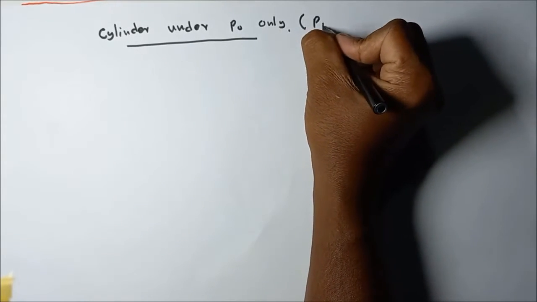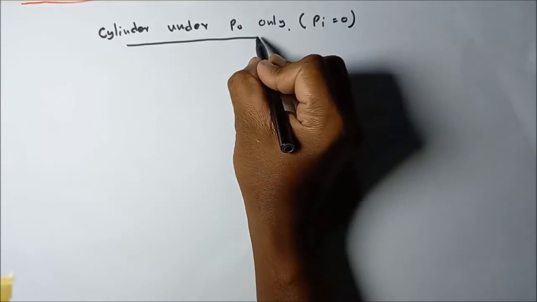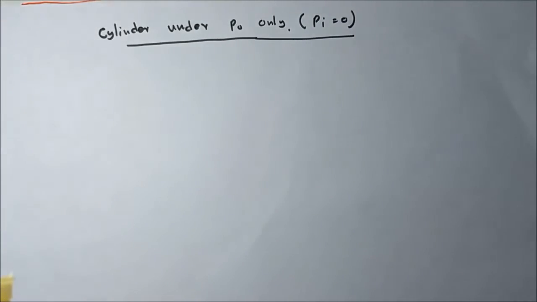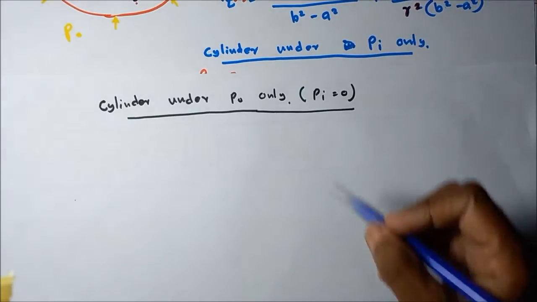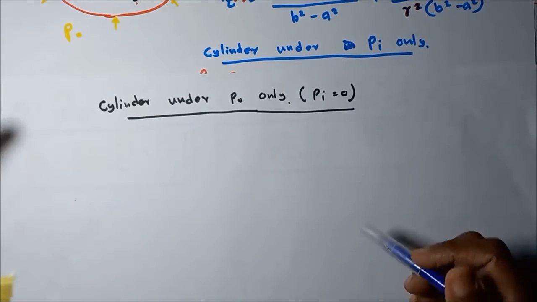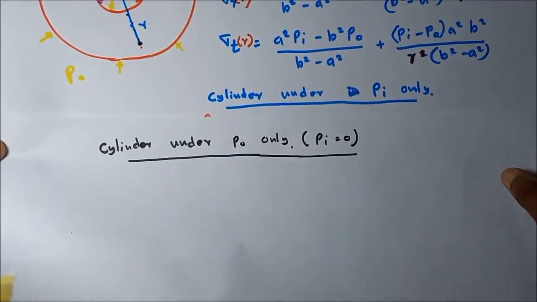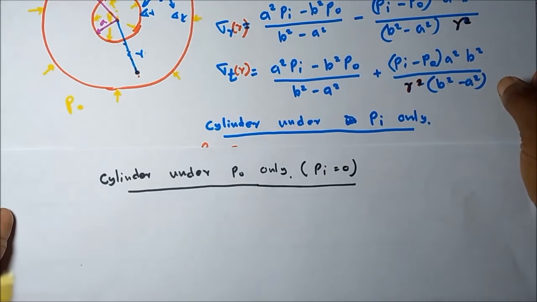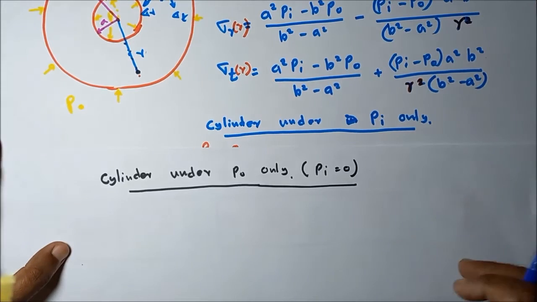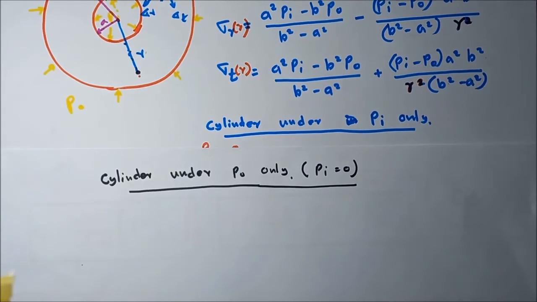That means Pi is equal to 0. Next, I'm going to reduce these two equations considering the cylinder under external pressure only situation. I'm going to reduce both equations.